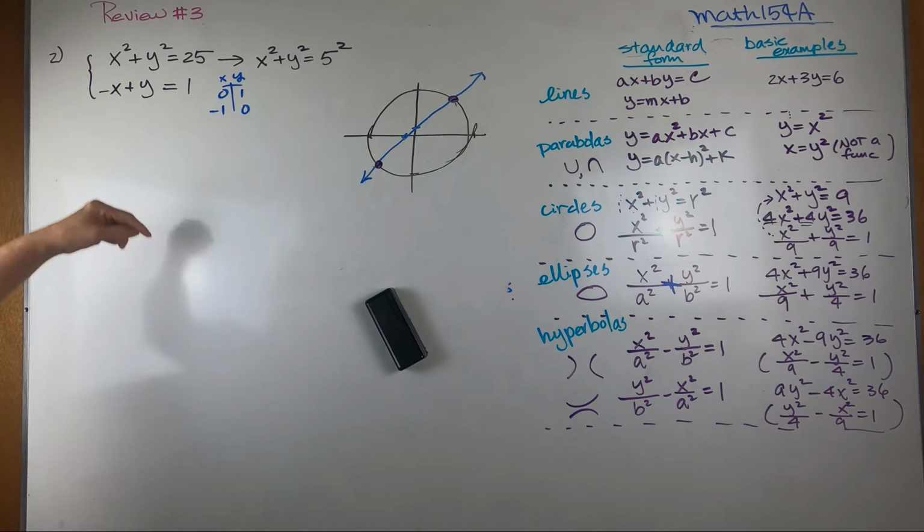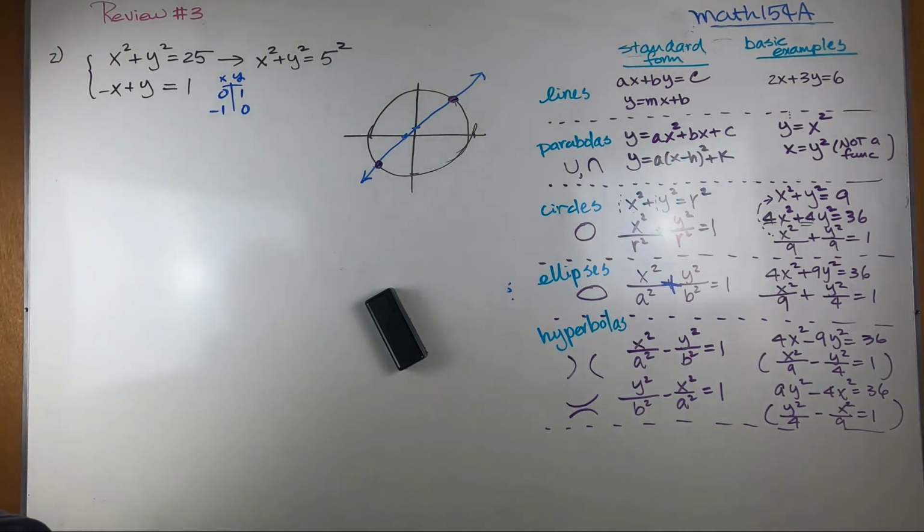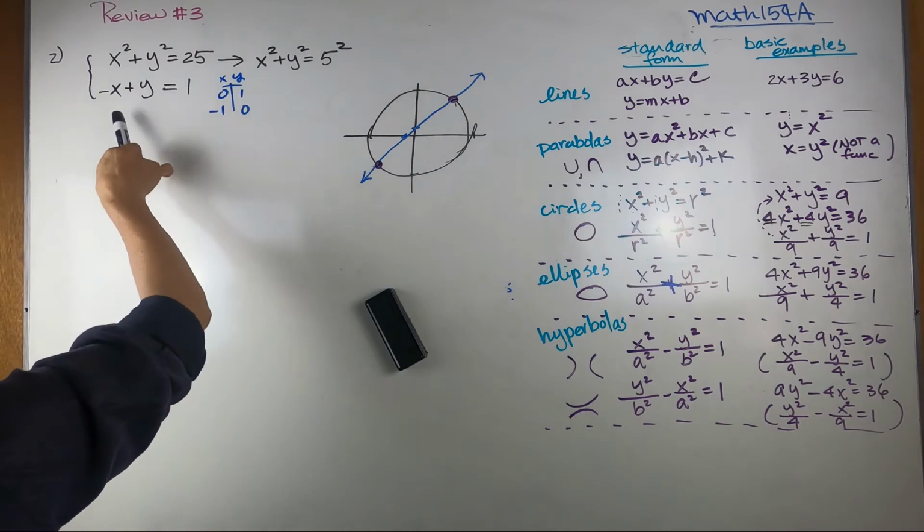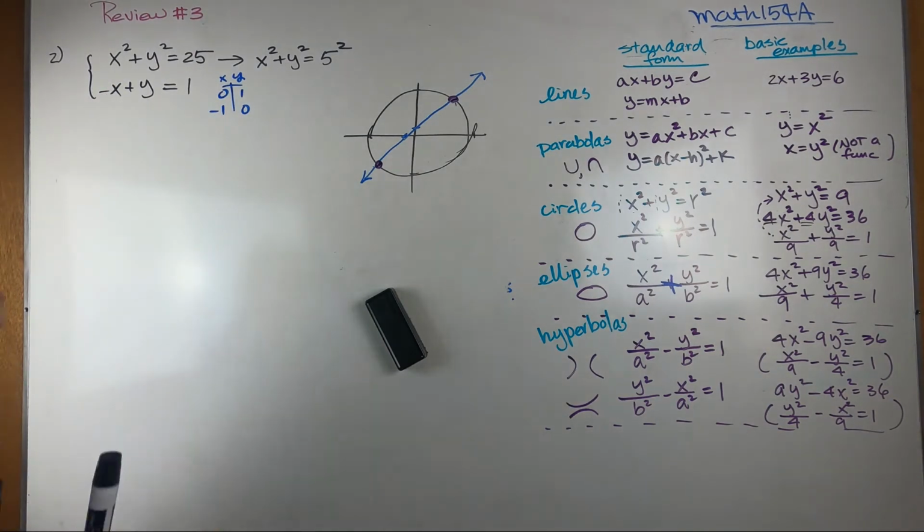So when we combine them, we can use the elimination method by adding, or substitution. If you add them, can you get rid of one variable? You cannot. So let's just use substitution, if you cannot use elimination.